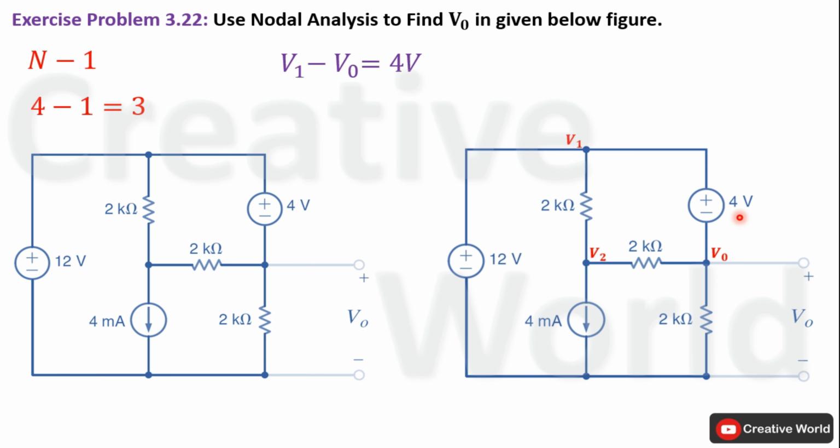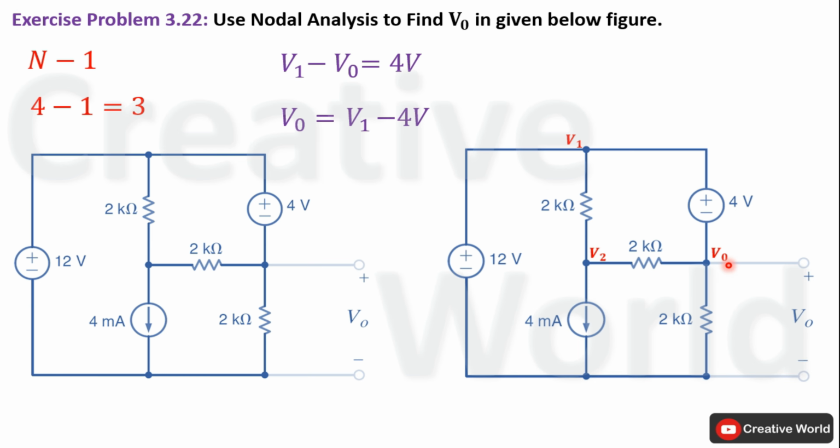Now in order to merge this voltage source to this node, we have to rearrange this equation and find the new equation for V0 that will include this voltage value as well. So we will swap the positions of these two values. V0 will be placed on the right side of the equal sign to make it positive, and 4 volt will be placed on the left side of the equal sign to separate it from V0 and find its value.